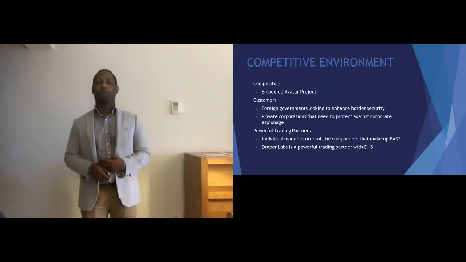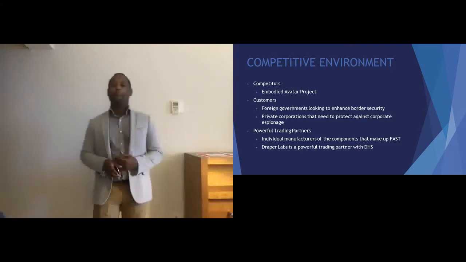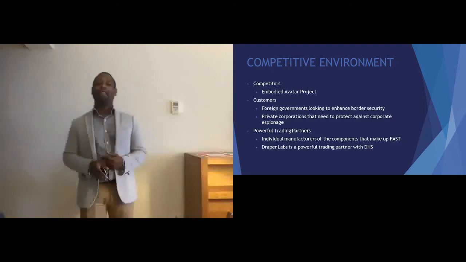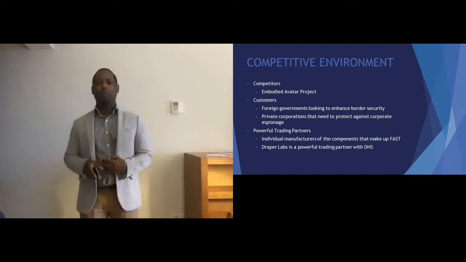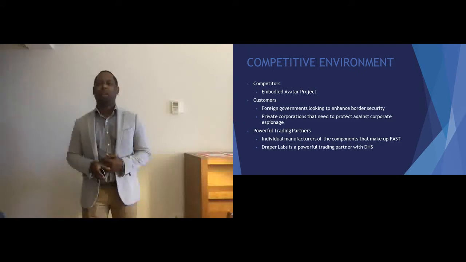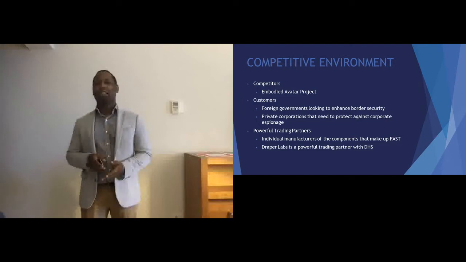Next, let's talk about the competitive environment. Some competitors for FAST are currently the Embodied Avatar Project, which Homeland Security and Border Patrol are actually trying to use down near the Mexico border. But this system is a lot different than FAST because it's not non-invasive.